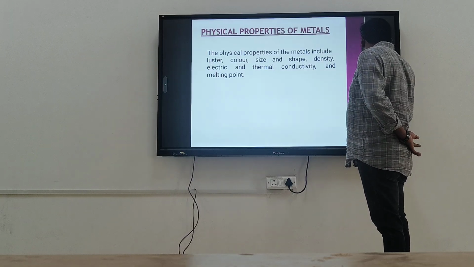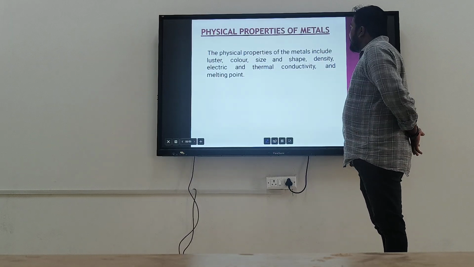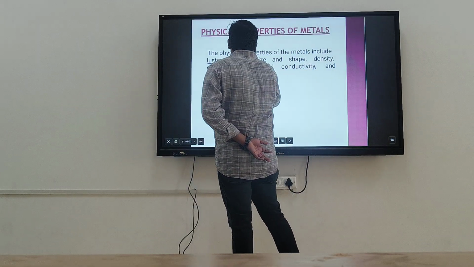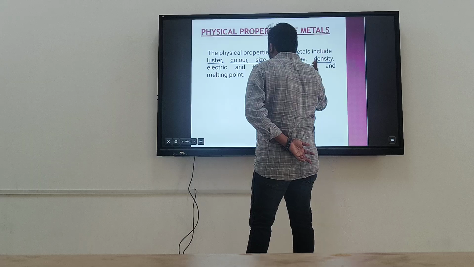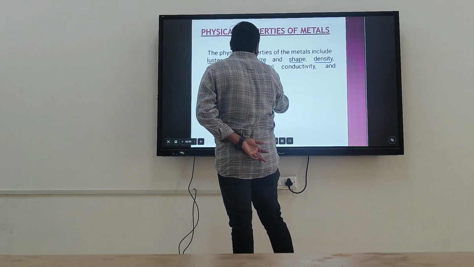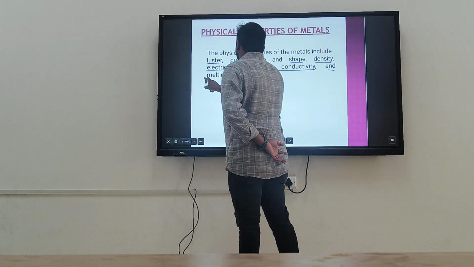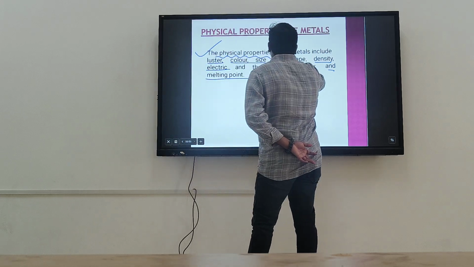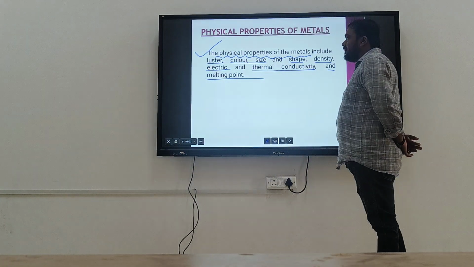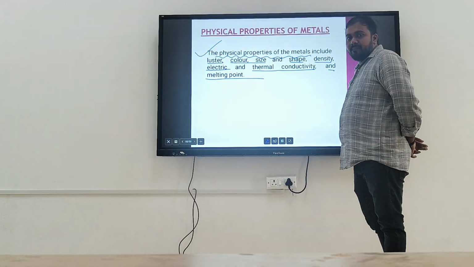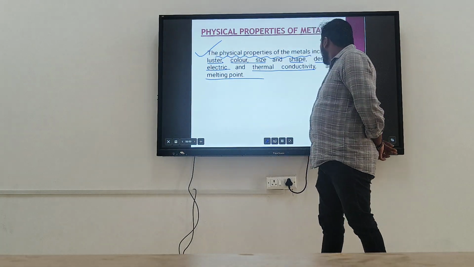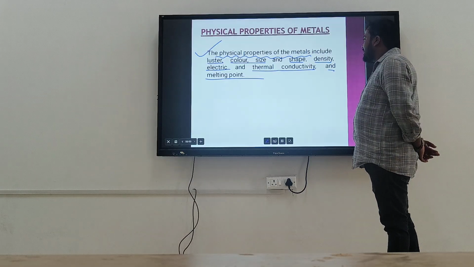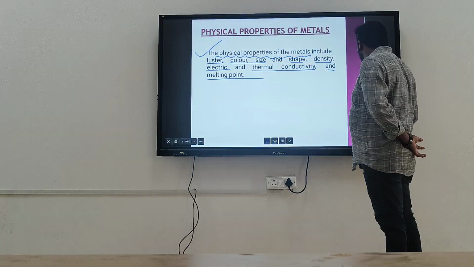The physical properties of the metals include luster, color, size and shape, density, electrical and thermal conductivity, and melting point. These are the physical properties of the metals.